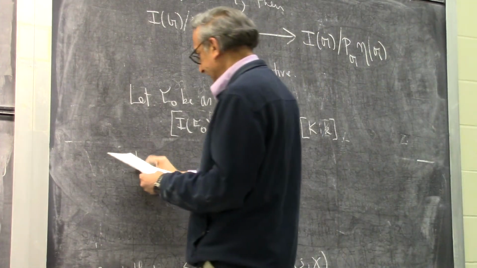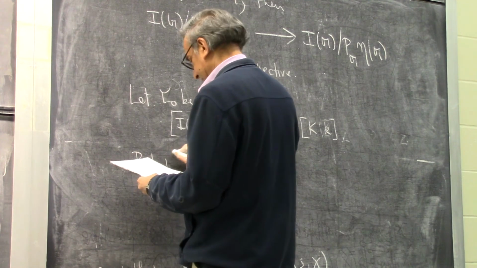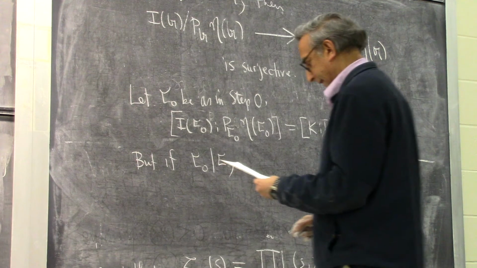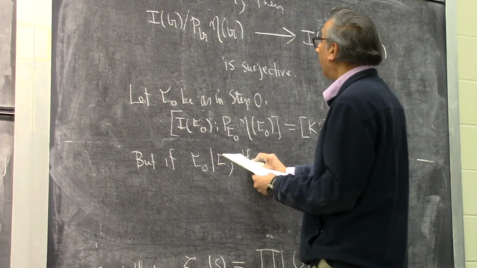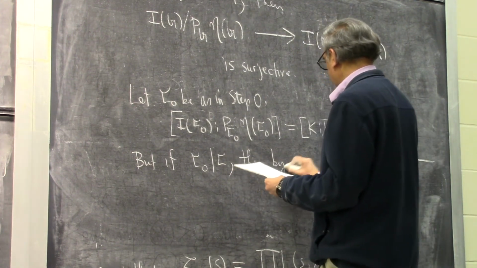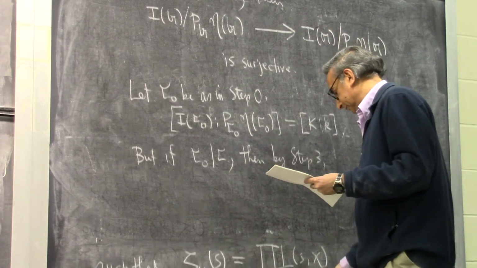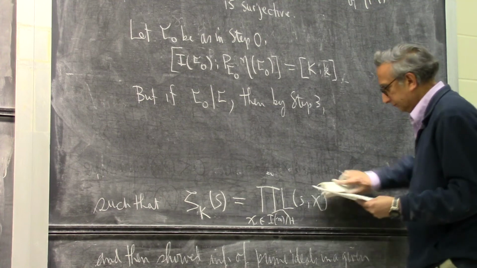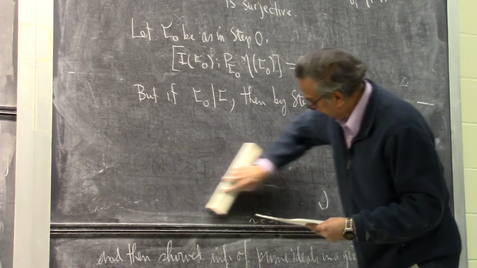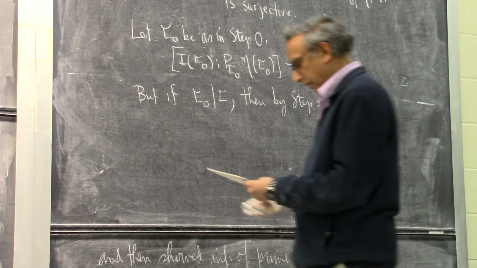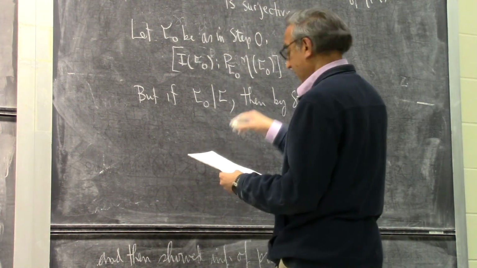But if C naught divides C, then by this remark, by step 3, we have a surjective map.